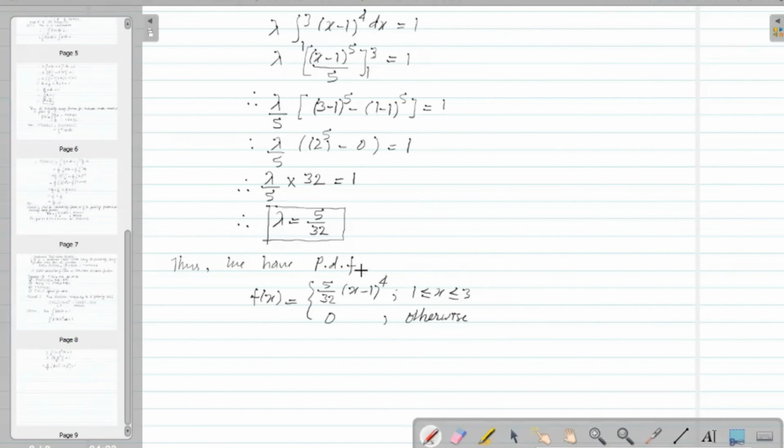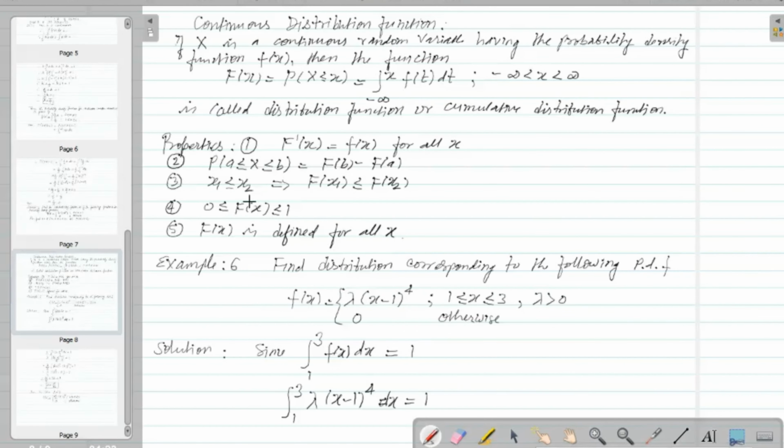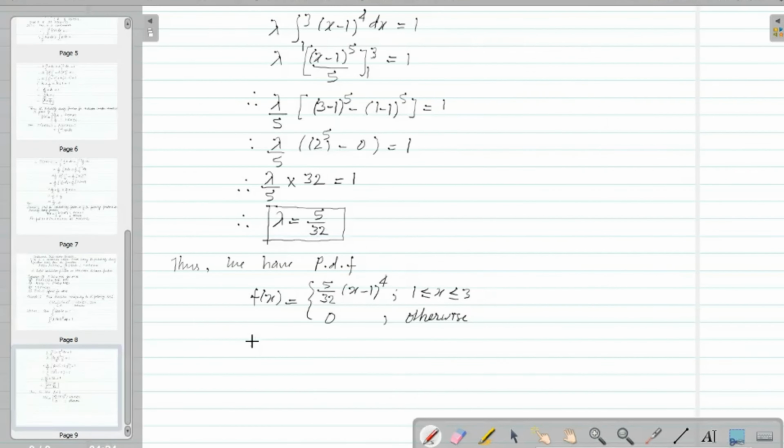Now next we have to determine the cumulative distribution function. For cumulative, we will use property number 1, this property. By using the property F dash of x equal to small f of x.